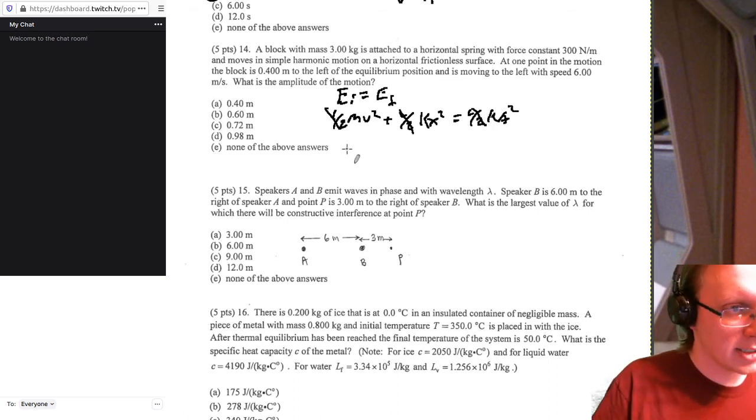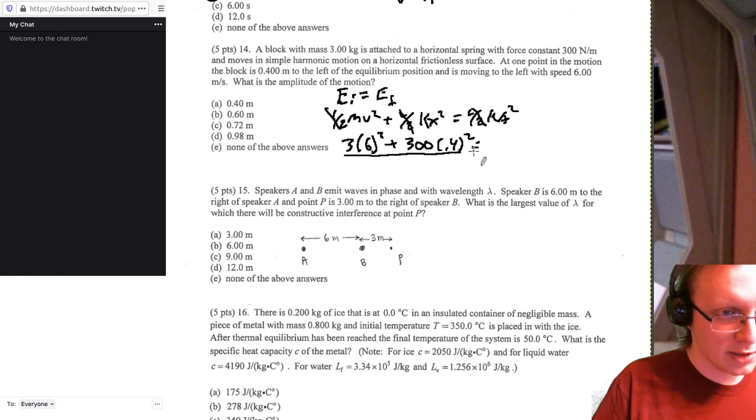So we have a mass of 3 with a velocity of 6 plus k of 300 and a position of 0.4 squared is equal to, well, we'll go ahead and just punch in all the things in. K is again 300.